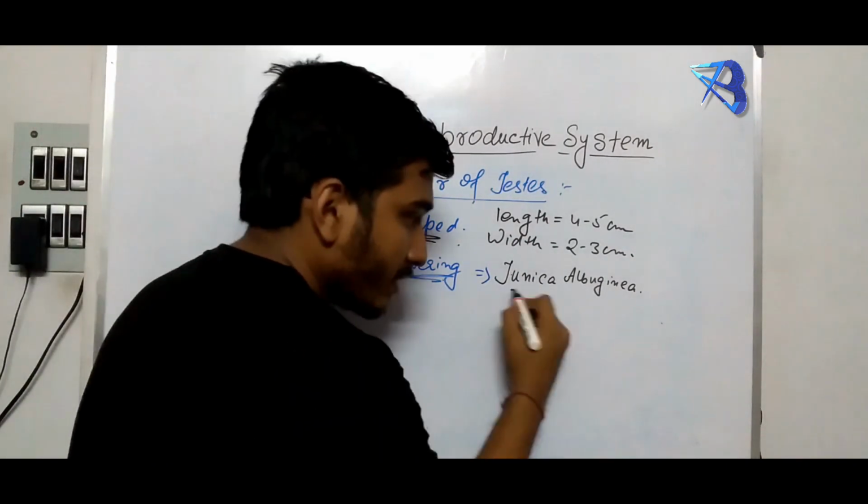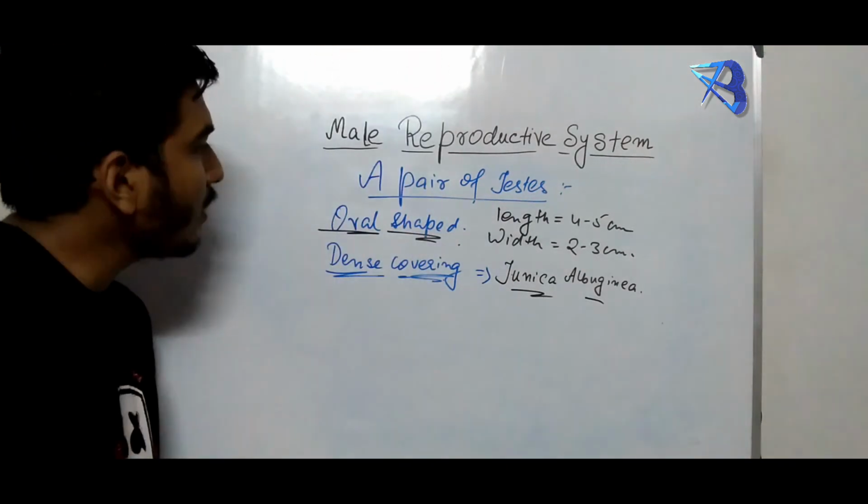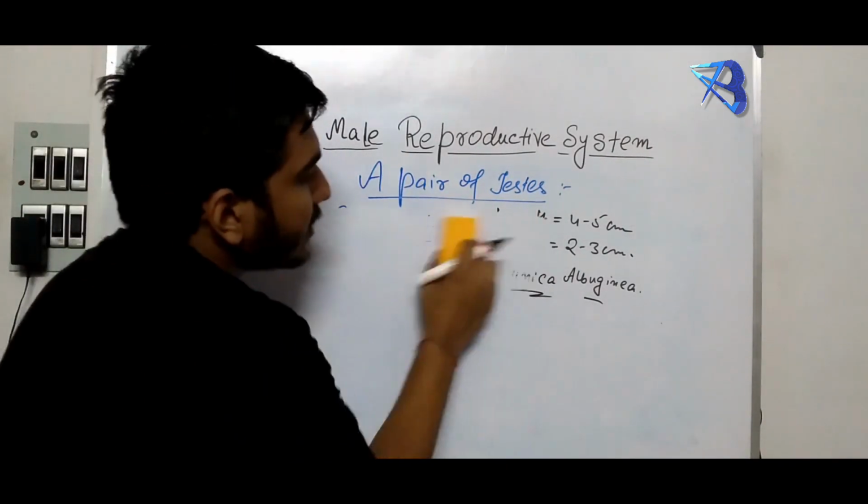This term is given in the NCERT, but for NEET it is very important. Oval shaped, with a dense covering, length 4 to 5 centimeter and width 2 to 3 centimeter. Now let's come to the internal structure of the testes.